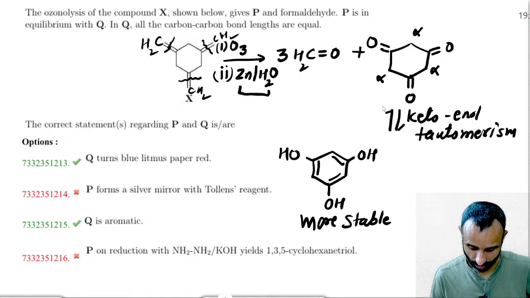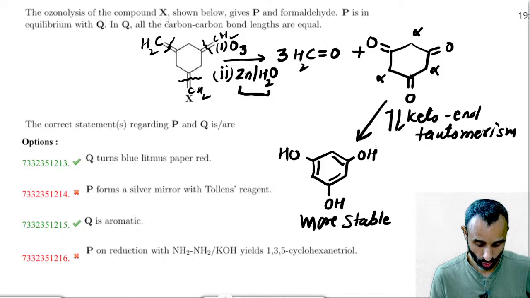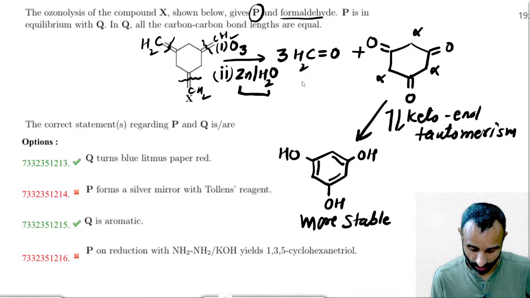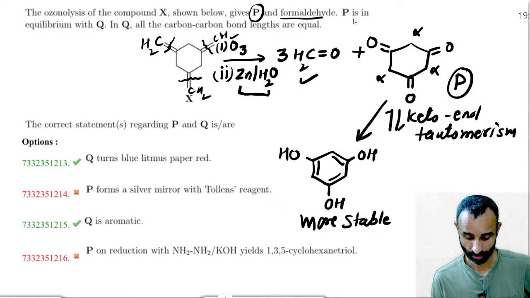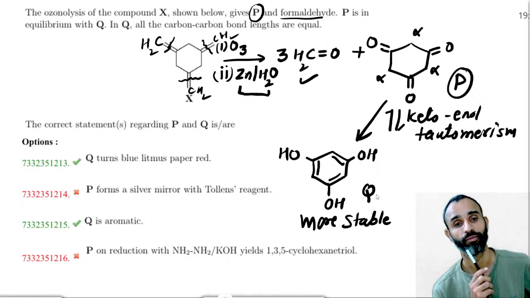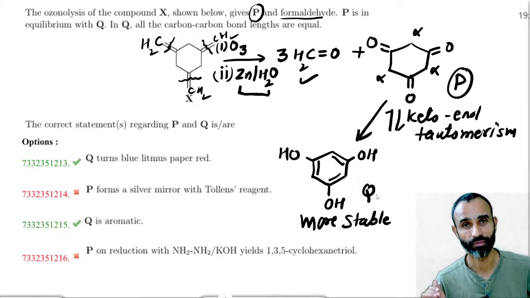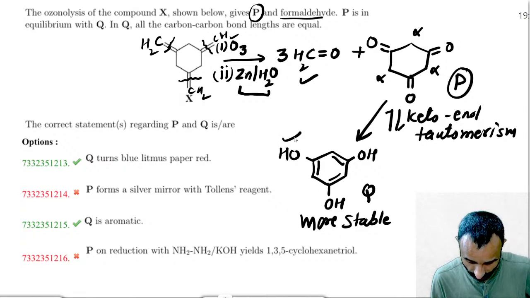That's why the equilibrium shifts here. So ozonolysis of X gives P and formaldehyde. So obviously this is formaldehyde, and this is P. And P is in equilibrium with Q, so this is Q. Keto-enol tautomers are in equilibrium with each other. And in this case, all the carbon-carbon bond lengths are equal.